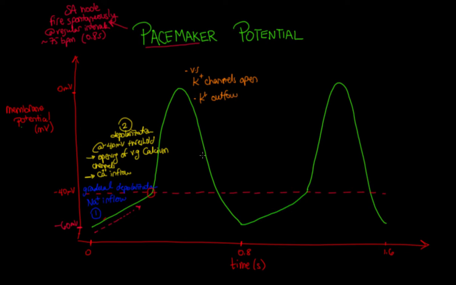Losing positive charges makes the cell more negative, and this is what we call phase number 3, repolarization, since the membrane is repolarizing after being depolarized. This goes on until we hit -60, and this results in 1 heartbeat. Then the SA node starts with its gradual depolarization again, followed by calcium influx, followed by potassium outflux. On average, the SA node fires every 0.8 seconds.